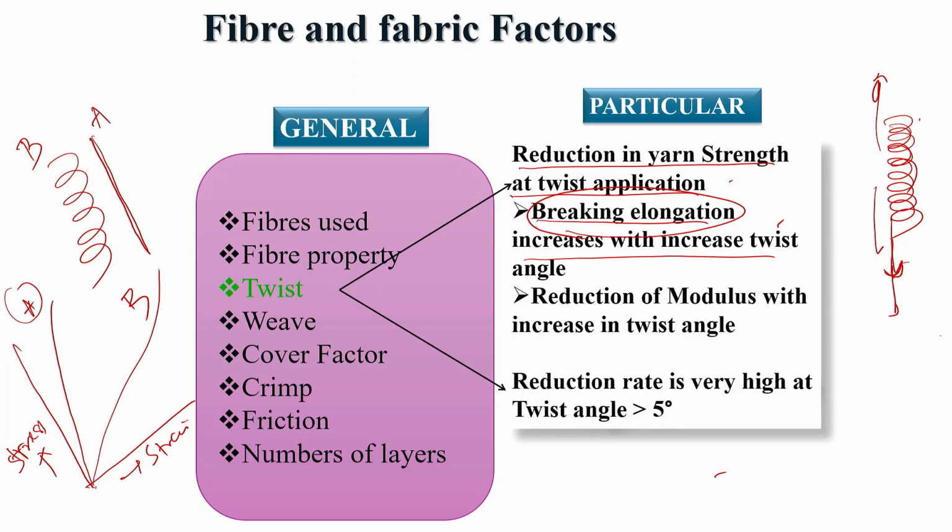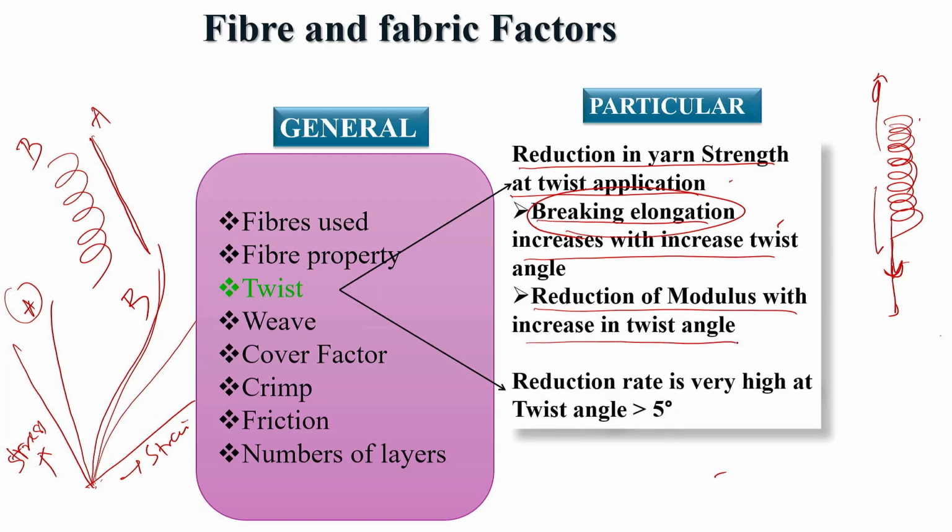From any high modulus filament, if we keep on twisting, the modulus of that twisted filament will reduce. So, with the increase in twist, the modulus will reduce. Okay. So, the reduction in modulus with the increase in twist angle.